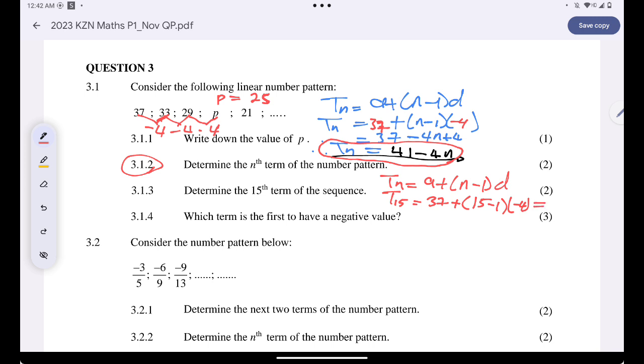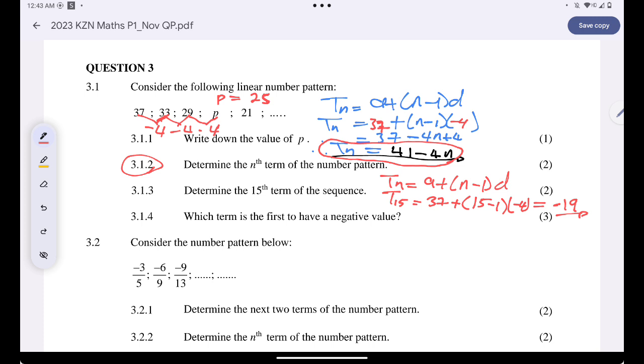Just punch this on your calculator and see what you find. 37 plus 14 times a negative 4. I'll get a negative 19. That means T15 is a negative 19.